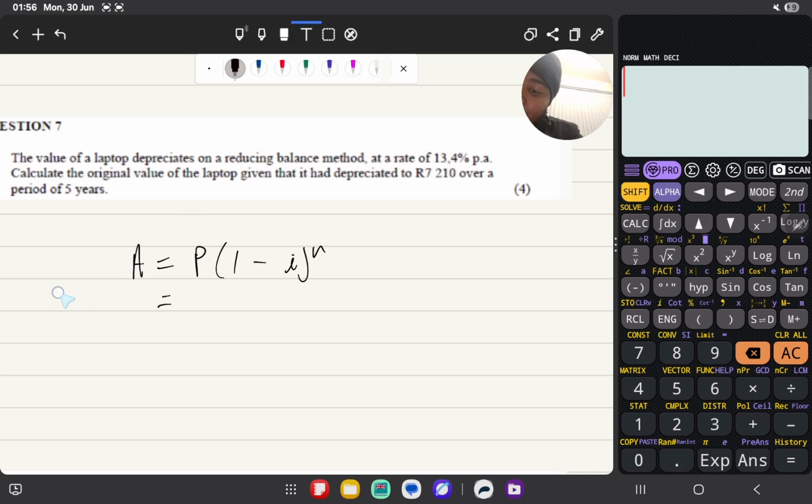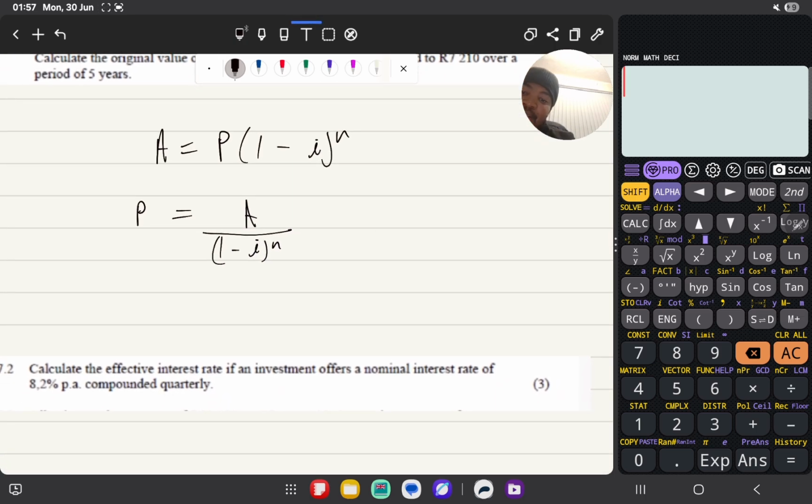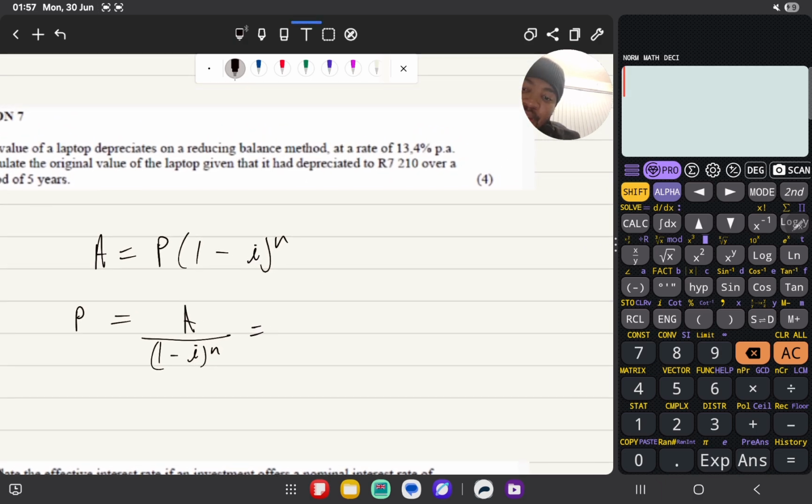In fact, before all of that, you already see that you're going to have P being A all over 1 minus i to the power of n. So to substitute, you have A, which is 7,210.